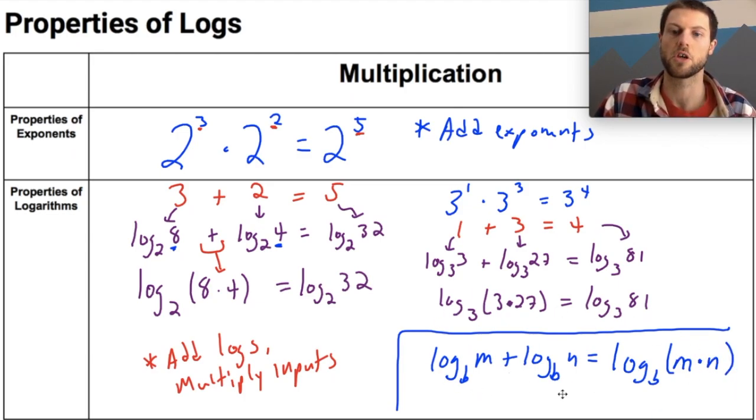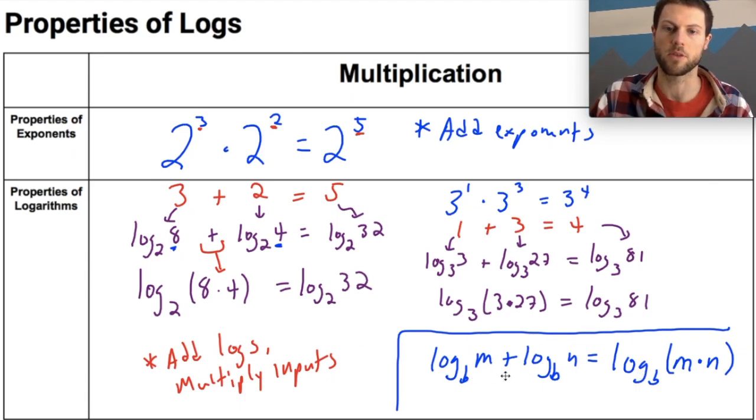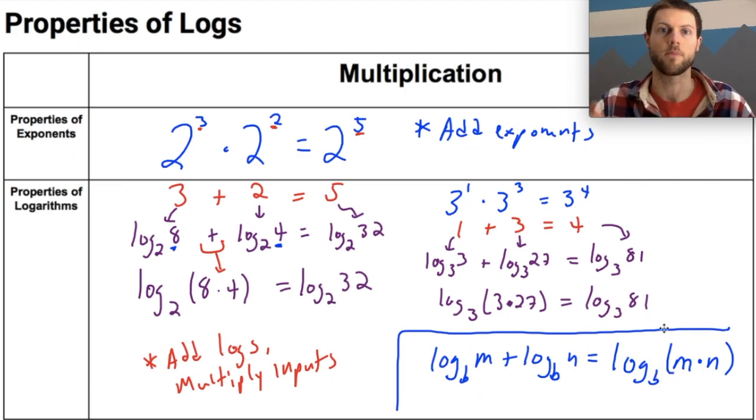So I can use this generalization to either combine logs into one as long as I'm adding them with the same base, or I could take one log that has a product and expand it and make it a sum. All right, so that's our first property of logs, multiplication.